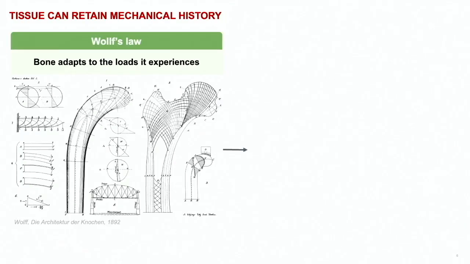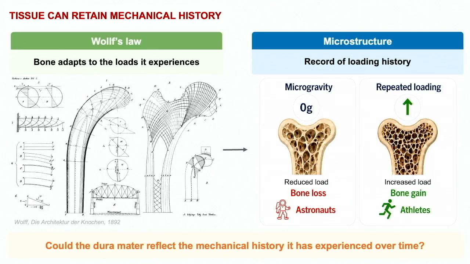This idea is certainly not new, and it dates back at the very least to 1892, when Wolff's law formalized that essentially bones adapt to the load that they carry. And we see this at both extremes. Astronauts lose bone during long stretches in microgravity, and athletes on the other side gain bone mass with repeated loading during training.